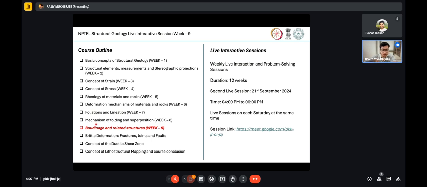Which is a form of ductile deformation: Boudinage, pinch and swell, porphyroblast, porphyroclast, etc. So this week's content is mostly focusing on the transition between brittle field and ductile field, or brittle deformation and ductile deformation.